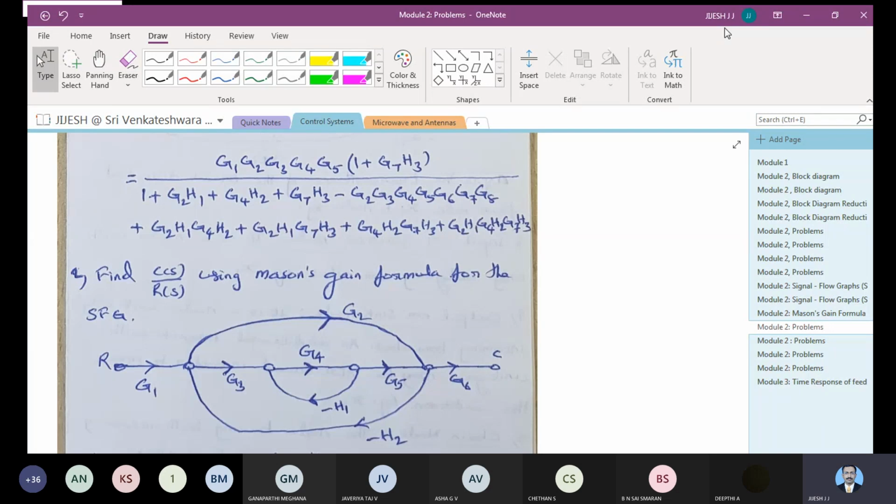You can just tell me how many forward paths are possible.